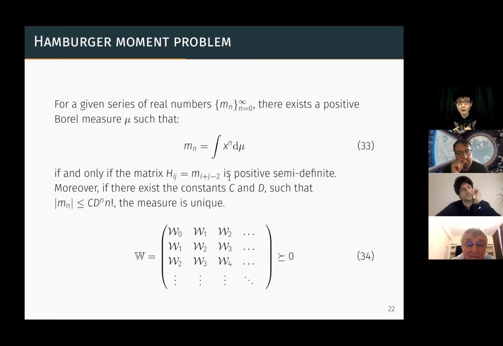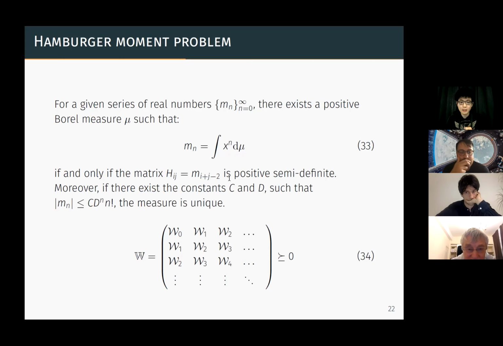Actually we have an equivalent condition, that the Hankel matrix formed by this series of real numbers is positive semi-definite. And also we have some uniqueness conditions on this result. So the Hankel matrix is just our correlation matrix.